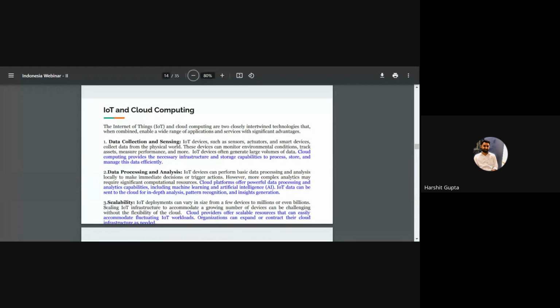Similarly, the data processing is done, and with cloud computing, we can also scale our IoT devices. If we think about IoT devices without cloud computing, we cannot imagine so many IoT devices nowadays, because to collect and analyze the data, we would have to collect all of it from these IoT devices one by one, then store it at a central place, and then analyze it. These are all very complex procedures.